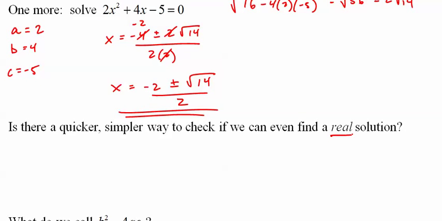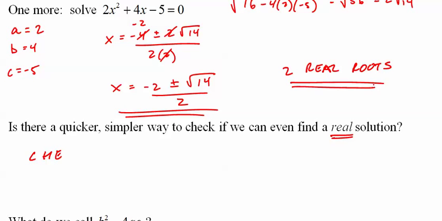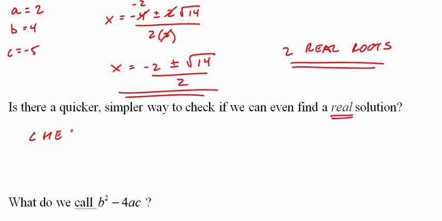Now, this is what we're talking about. Oh, I nearly forgot. 2 real roots. Oh, but they got radicals. Doesn't matter, it's still real. So how do we check if we have a real solution? Check the discriminant.